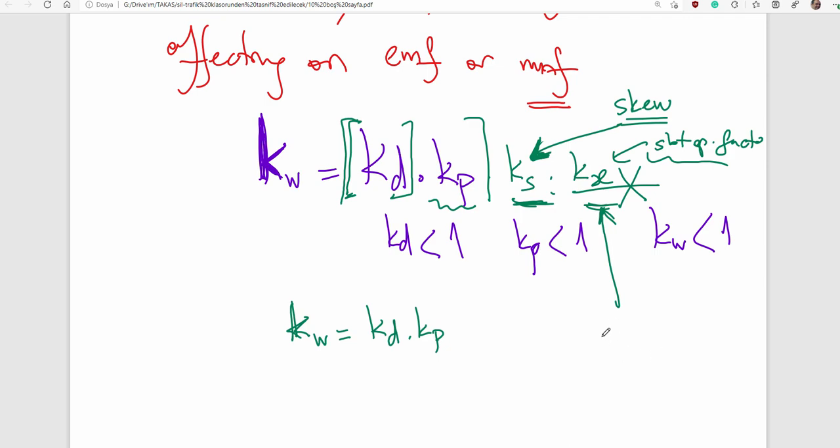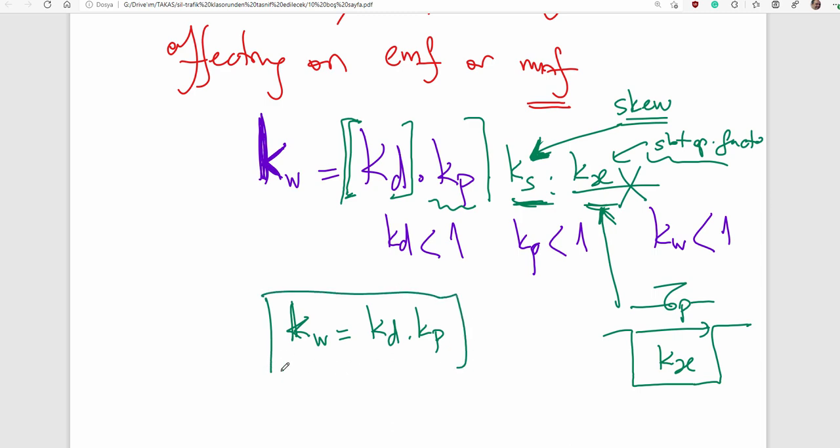Slot opening means a slot is very large in comparison with the pole length. If there is a very large slot opening with respect to pole length, there will be another factor which is K chi. But we only deal with this guy, Kw, the winding factor.